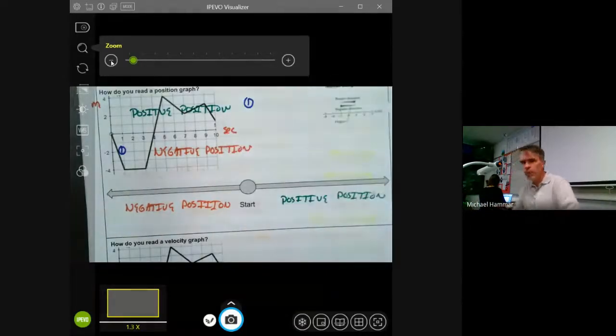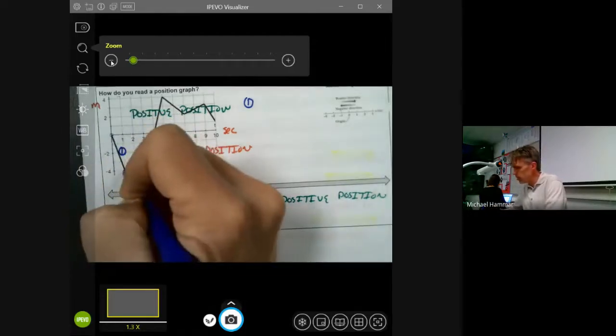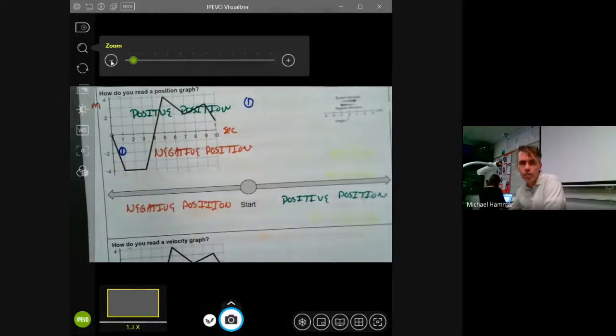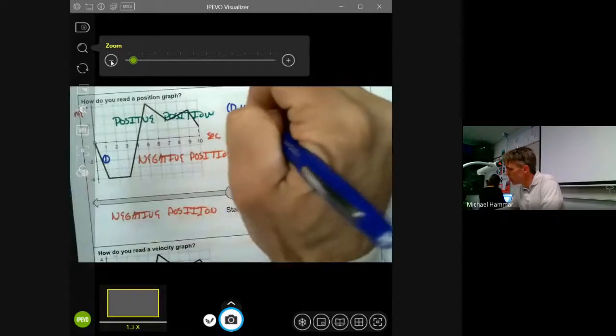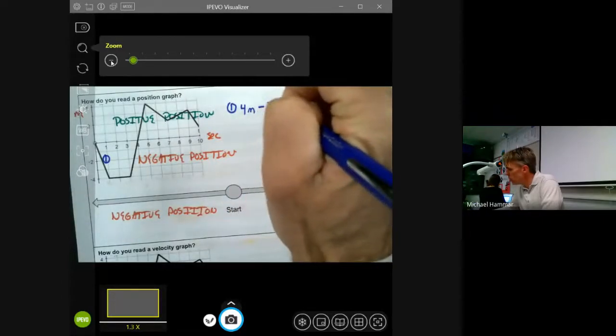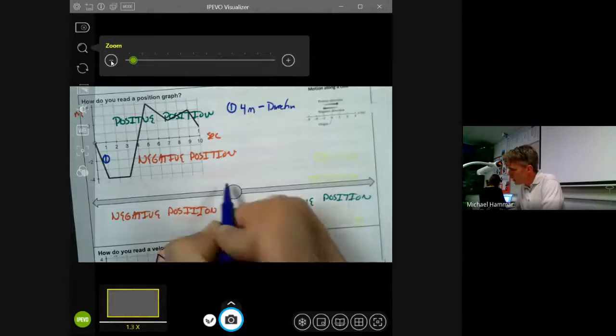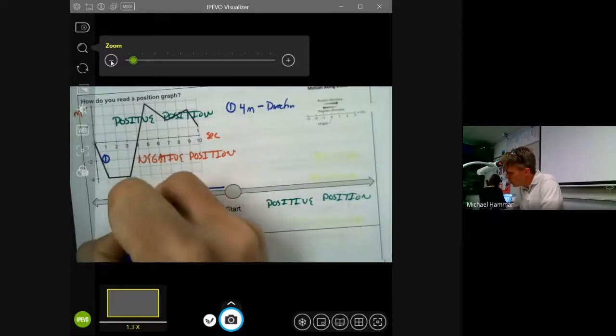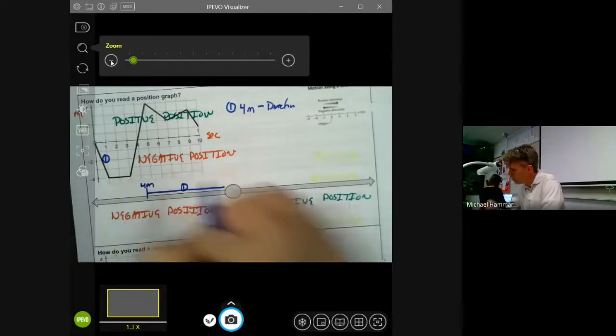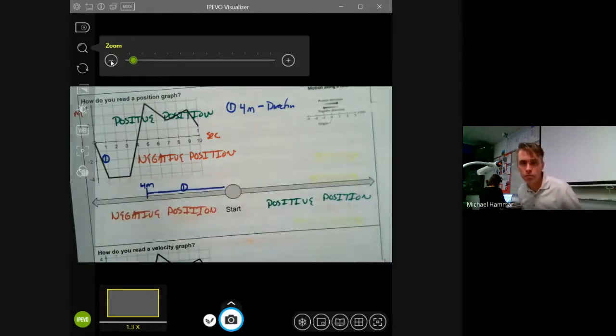Well, in section 1, it's moving in a negative position direction, okay? And over the course of this, it's going to move 4 meters in a negative direction. So if I was to take this object, it's going to move 4 meters in this direction. That's what it is doing for step 1.